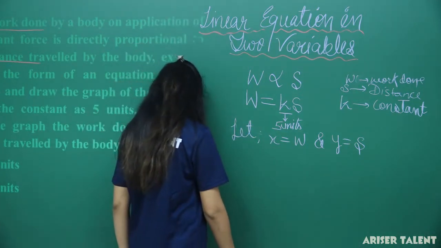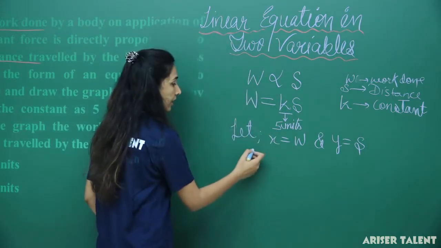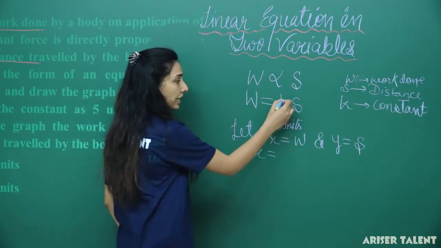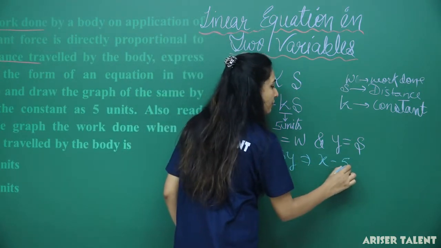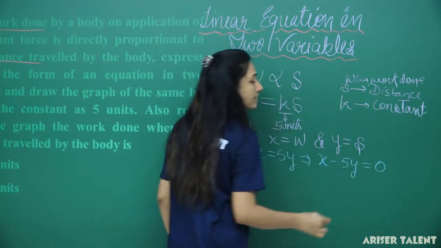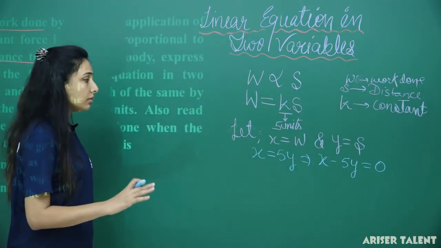Okay, if you do so, what will you get? x equals to, K is 5, so 5y. This implies that x minus 5y equals 0. This is the equation.